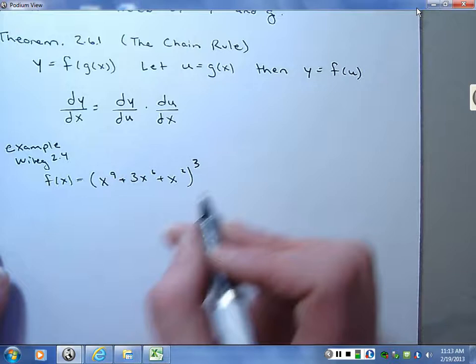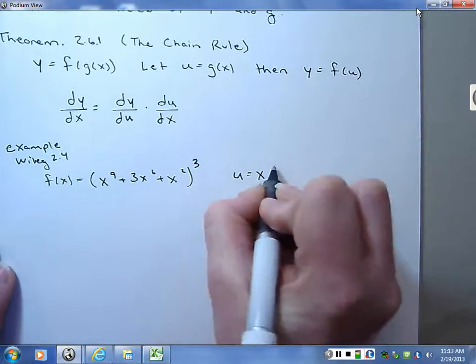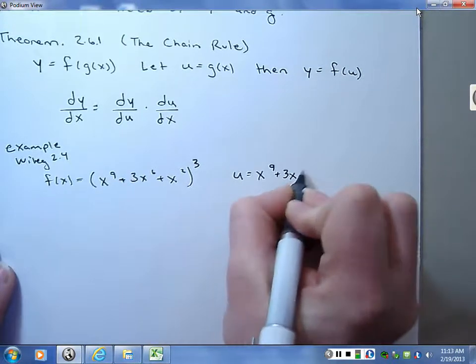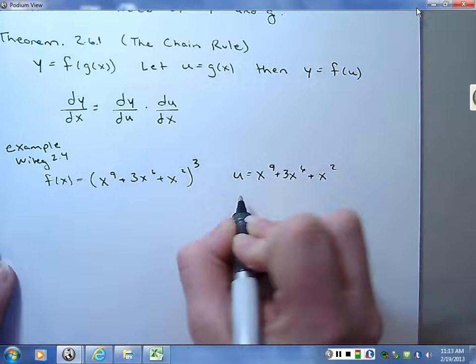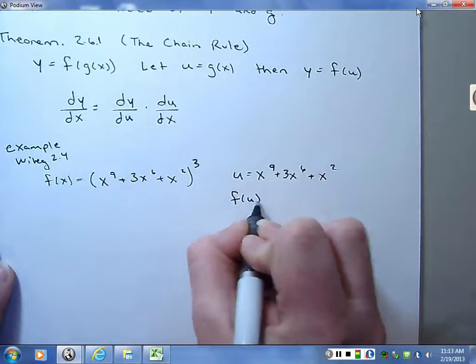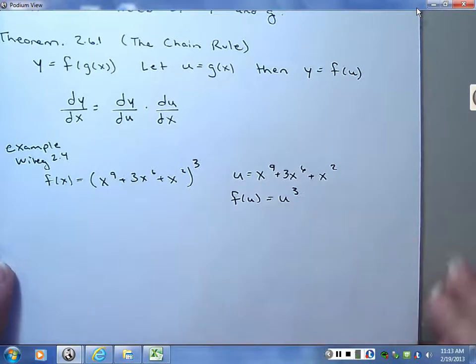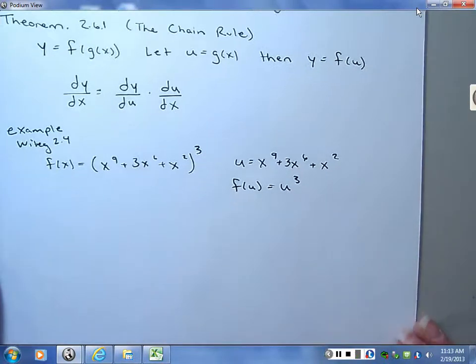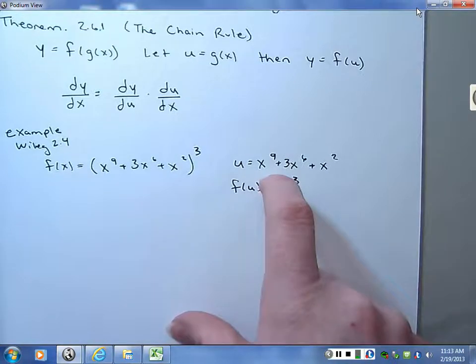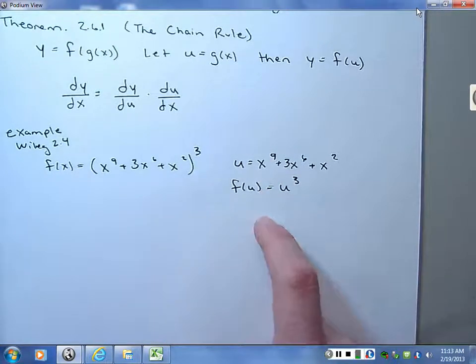So if I let u equal x to the 9th plus 3x to the 6th plus x squared, that means f of u becomes u cubed. Is everyone okay with that? I call my inside function u, so my outside function is u cubed.